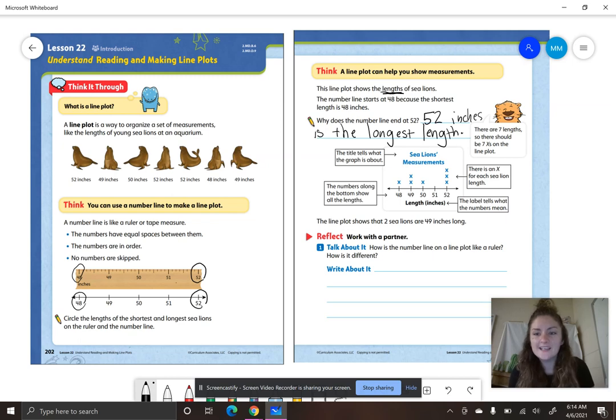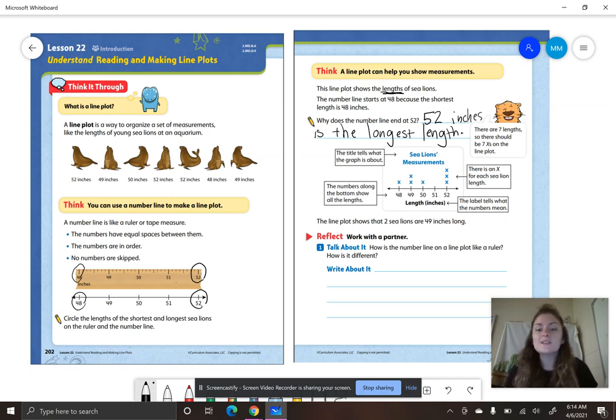Which number is shown the most on the line plot, Smarties? 52. 52 is the longest measurement, and it is the measurement that we see the most of.